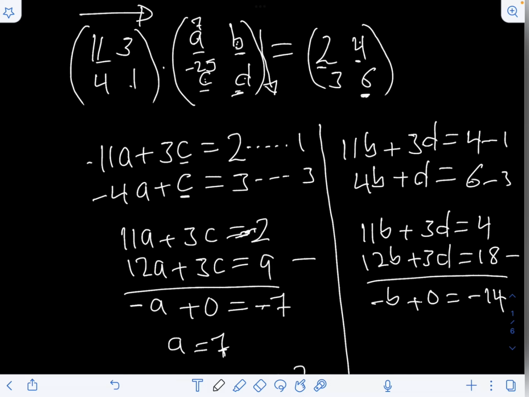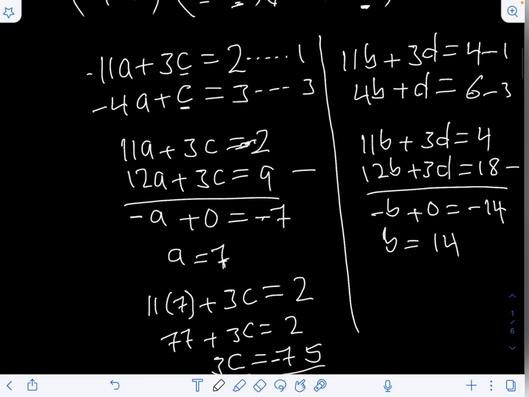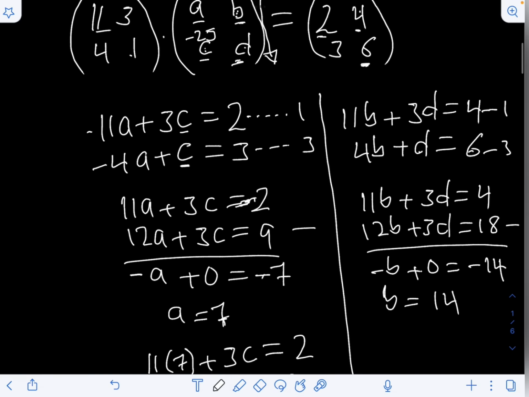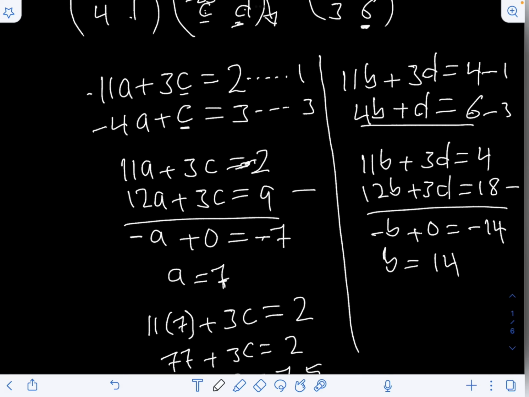Yes, so we have negative 14 there. So that means our B is what? Our B is 14. So if we have B as 14, we can take this B and substitute it in the first row or second row. Let us use this one. So this one will be 4 into bracket 14 plus D should give us 6.